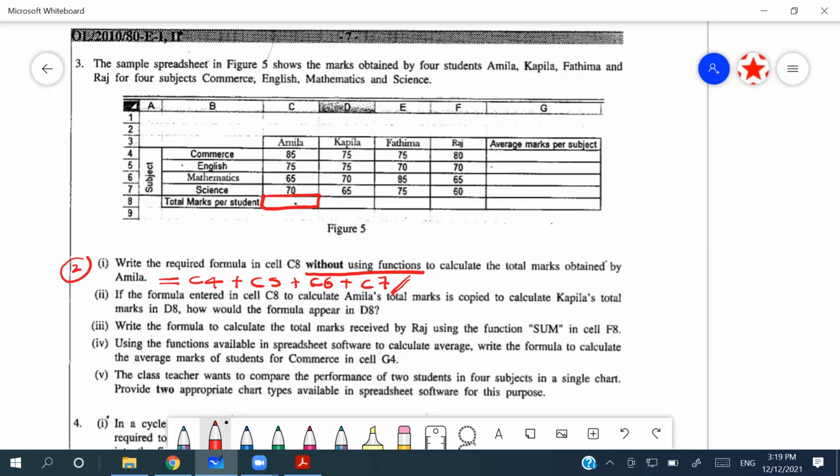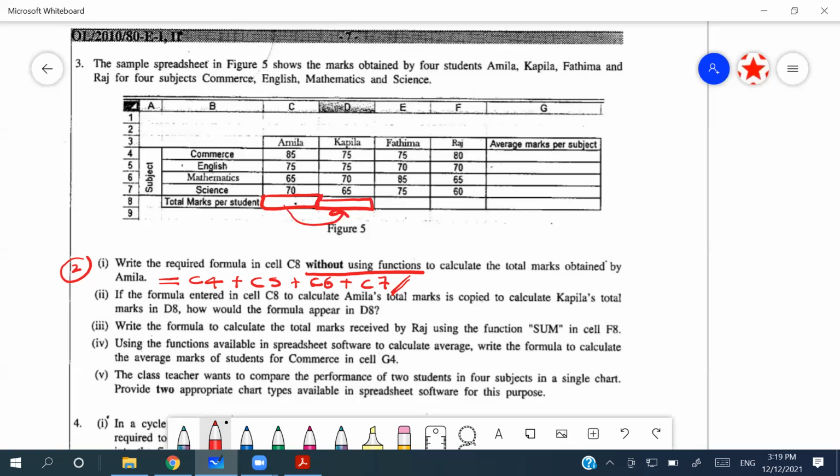If the formula entered in cell C8 to calculate Amila's total mark is copied to calculate Kapila's total in D8, how would the formula appear in D8? So it's easy. This is being copied to this. So it's a reference copy, like a relative one, not the absolute kind of thing.